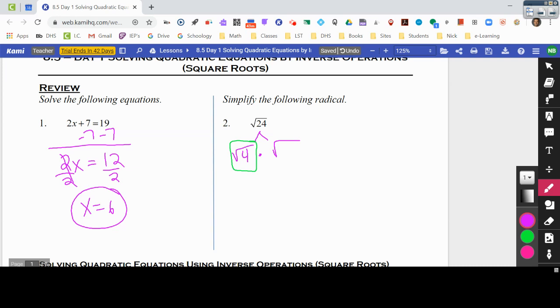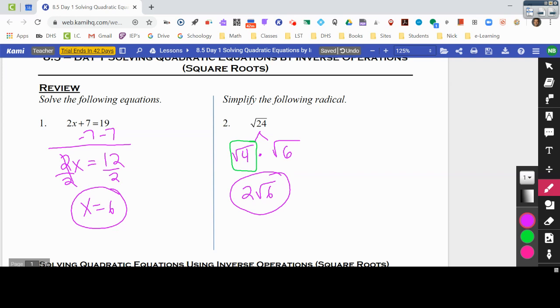And then another factor to get back to 24 is 6, because rad 4 times rad 6 is rad 24, so that's what we want to break up the square root of 24 into. And now we simplify. The square root of 4 simplifies to 2, and this rad 6 stays as a rad 6. So my simplified answer for number 2 is 2 rad 6.